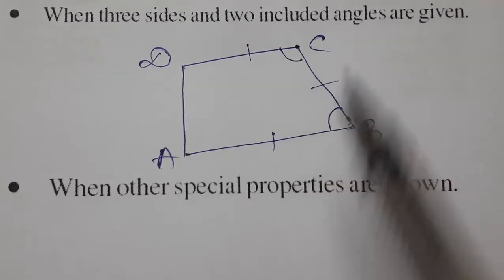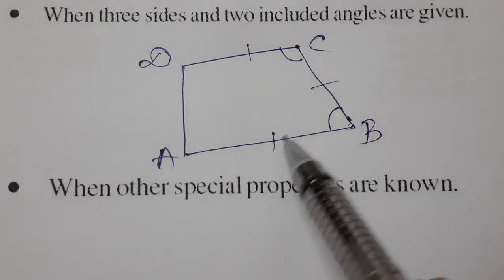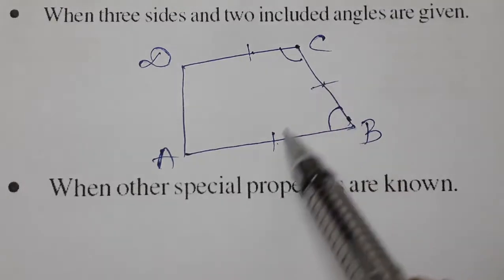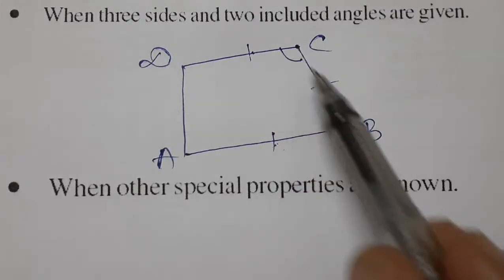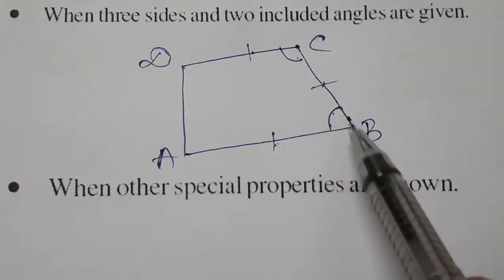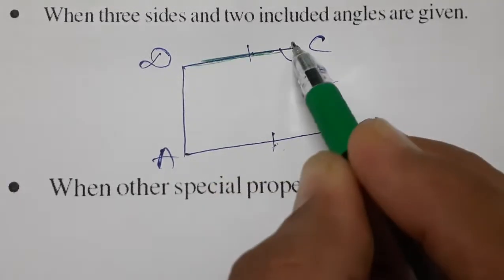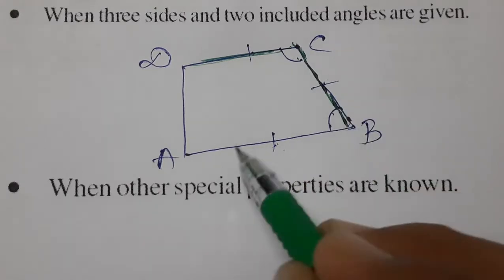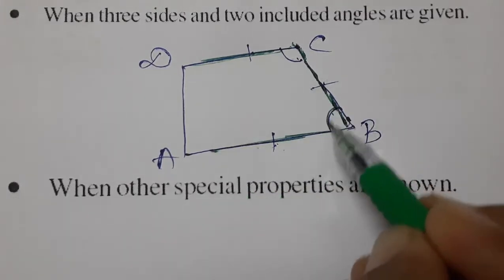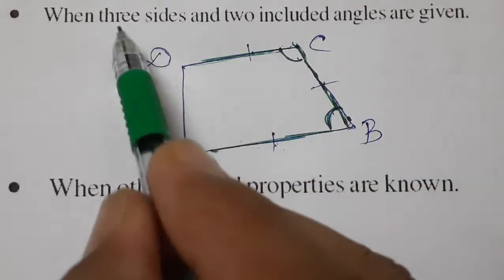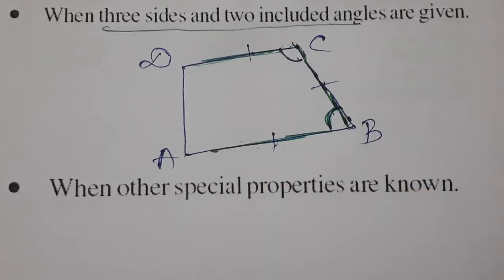So these two are included angles between these three sides. This is the first side, this is the second side, this is the third side, and these two angles are included between them. Then also we can easily construct a quadrilateral.